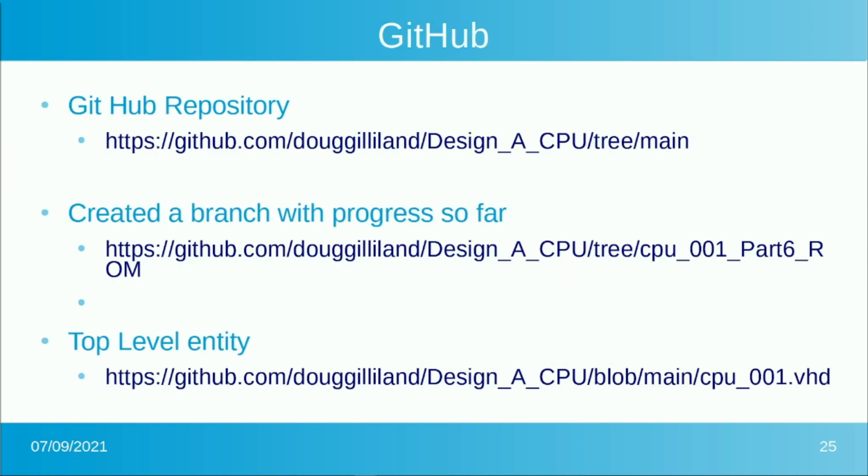As in the last video, there's a check-in for this. Again, this is misnumbered by the video number. I got lost in my numbers, but I'm going to leave it that way for the moment. This is a branch of what the progress is up until this point. If you just want to play with what we have and replicate it, the top level entity is still in the same place, and the GitHub repository root is back here.